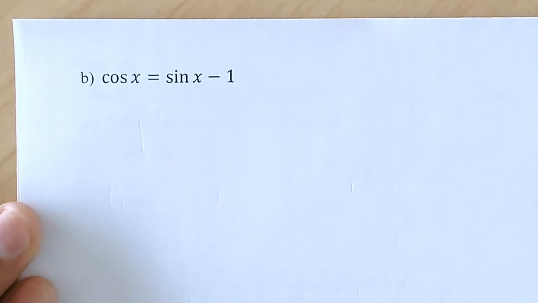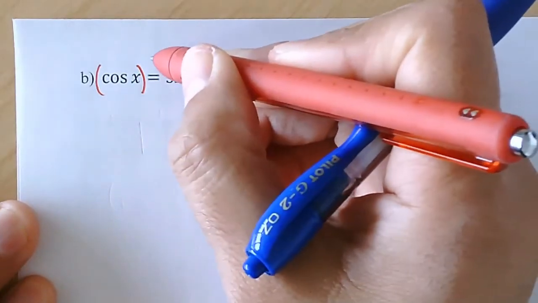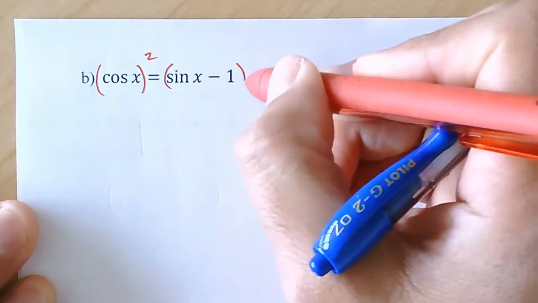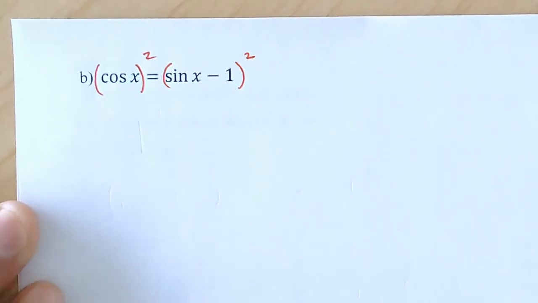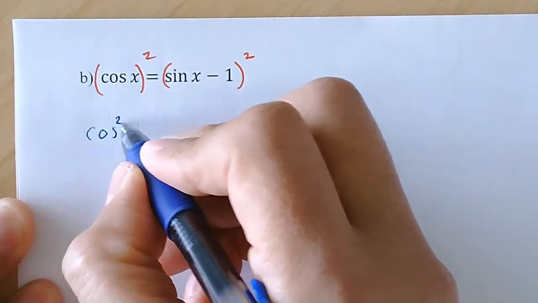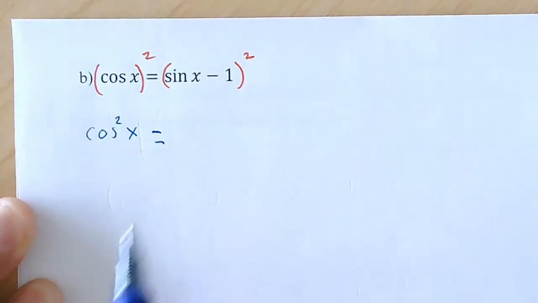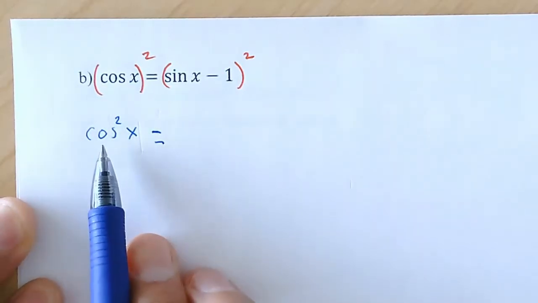Now I could change that to 1 minus sine squared, but I'll do that in the other step. Sine of x minus 1 quantity squared. Write the parentheses 2 times. Do the distributive property. Combine like terms. We should be getting that.